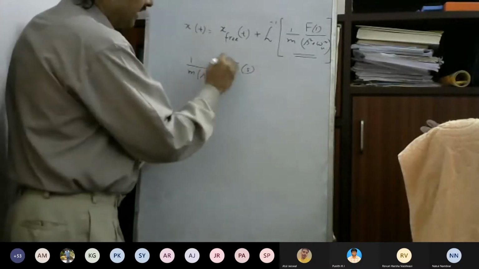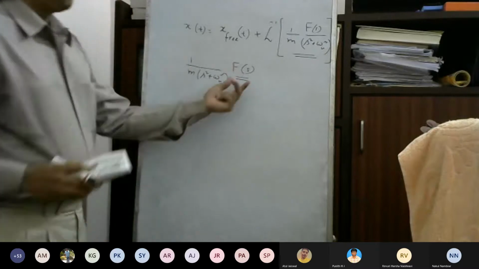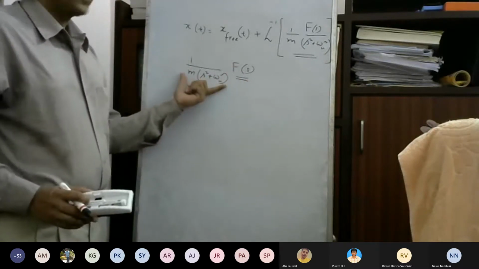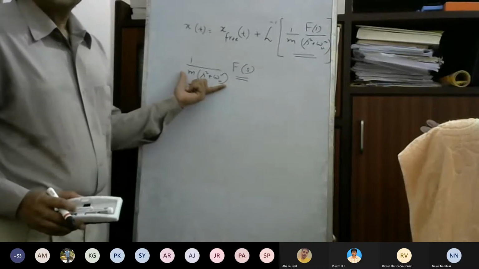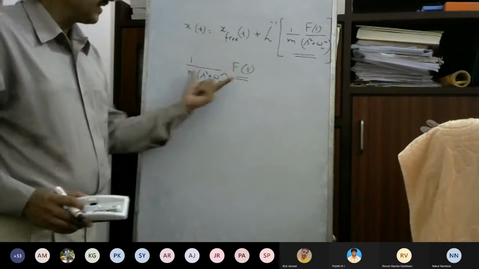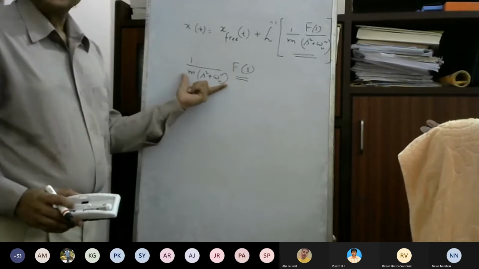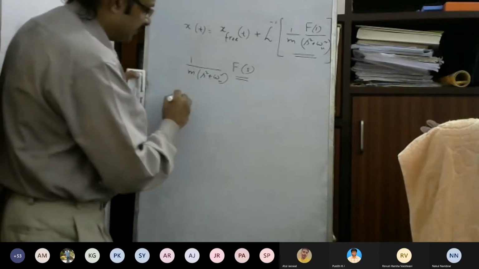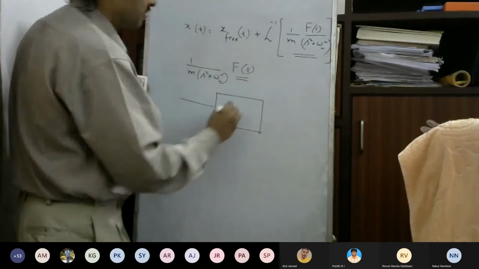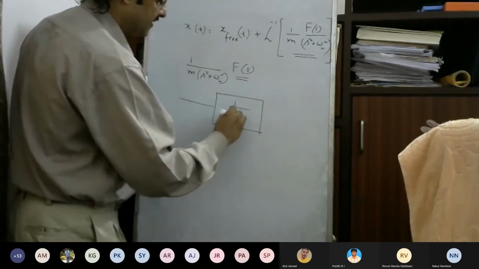Now you see, this term is actually only the force, and this particular factor is only the contribution of the system. This comes from the external force, and this is the contribution of the system. Now it is sometimes useful in many situations to write this down.